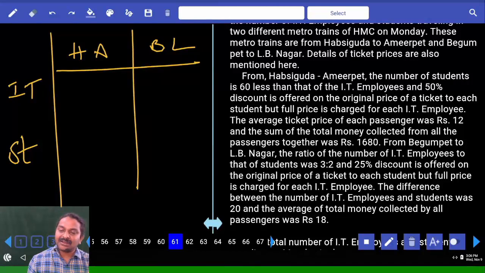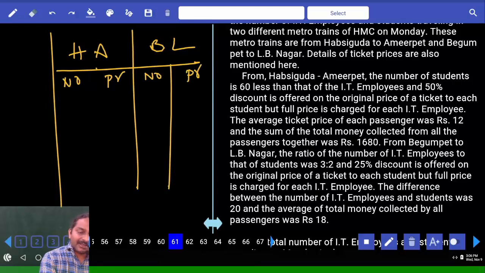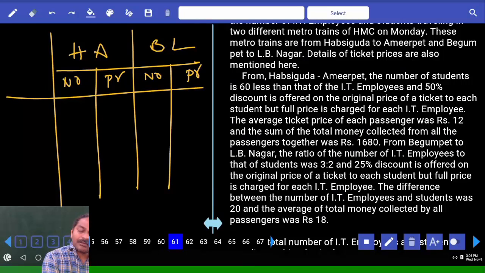Details of prices are also mentioned here. So everywhere we are going to have two categories, number and then price. Are you guys following? One is IT people, the other is students.